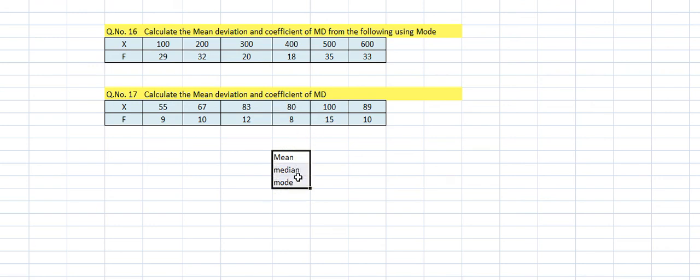Any one of these three methods you select, which is easier for you, and solve the problem and send the answer to me, right, for this 17th question. In the exam also, if they give a question like this, you are going to select the best method, mean base, median base, mode base, that is left to you, the best method that you have to adopt by solving the mean deviation and coefficient of mean deviation.